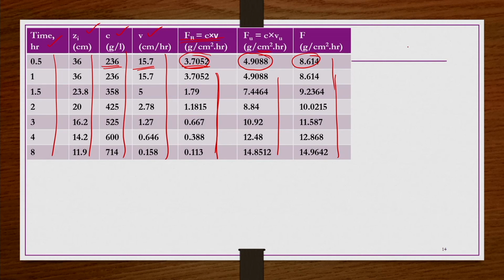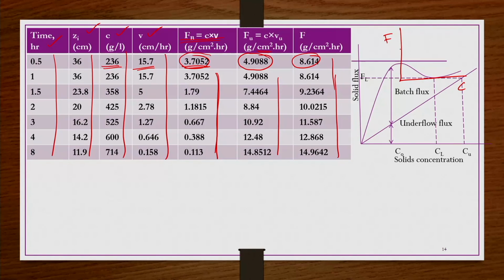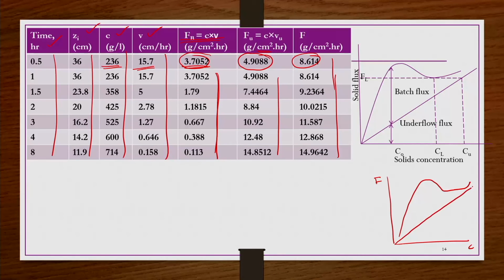This total solid flux, if you plot F versus concentration, then you will have this kind of curve. We may not have exactly the similar nature of the curve, because I have shown it for an ideal condition. You may have something like this, and then the underflow flux, if you draw it, you will have it like this.